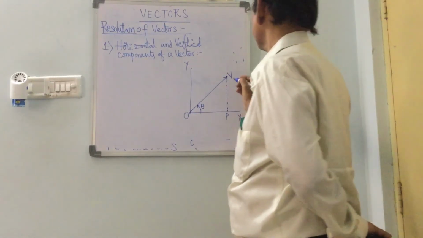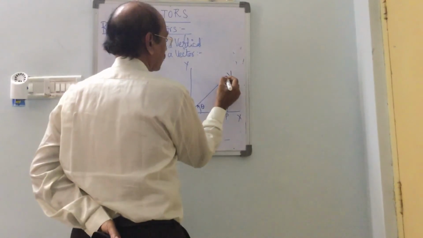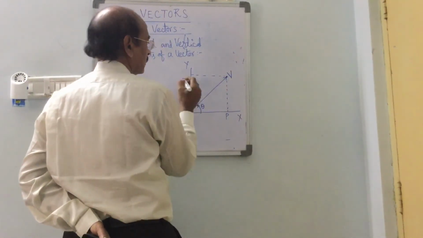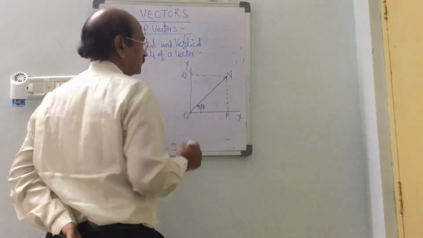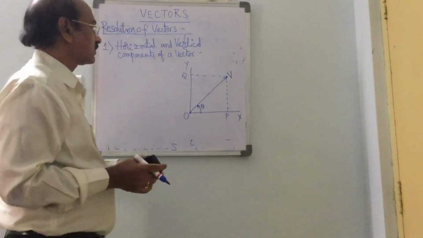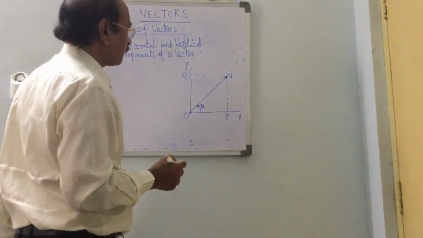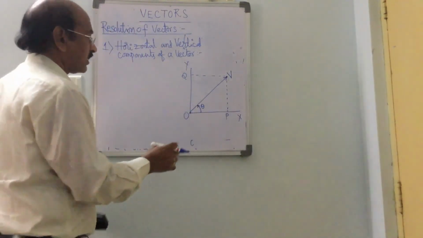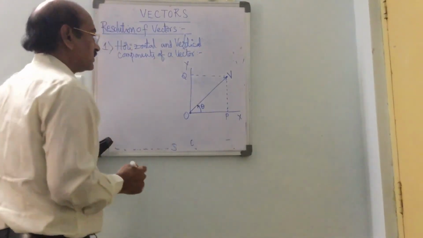And the projection of V bar on y axis, let it be Q. Let this vector V bar act at angle theta with the horizontal axis, x-axis.